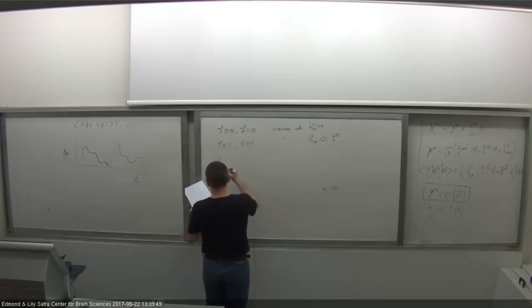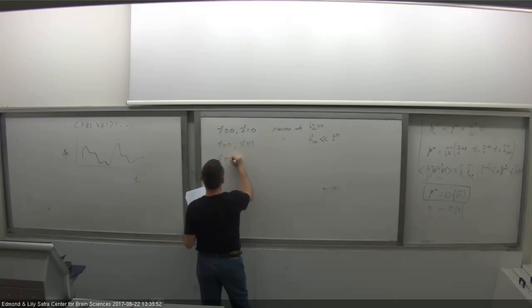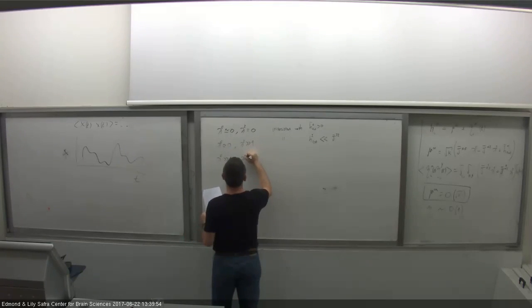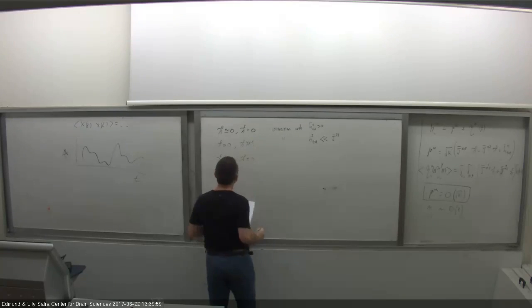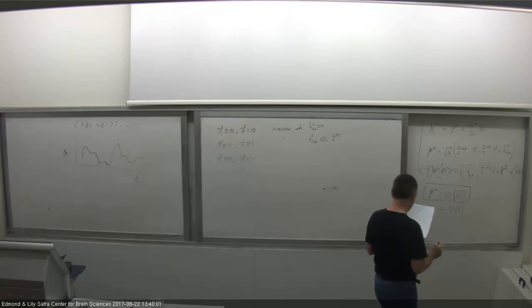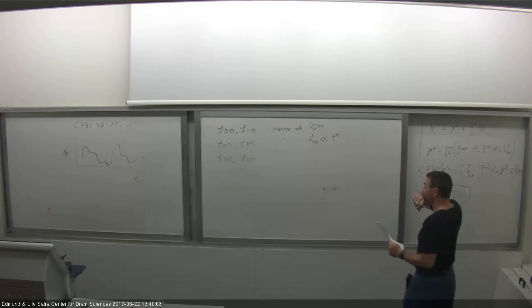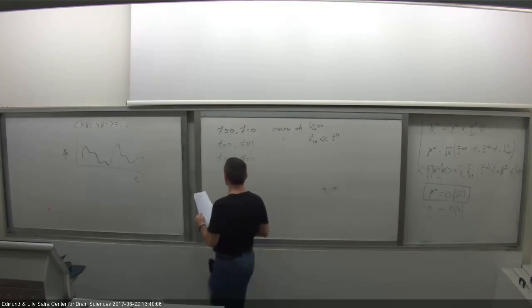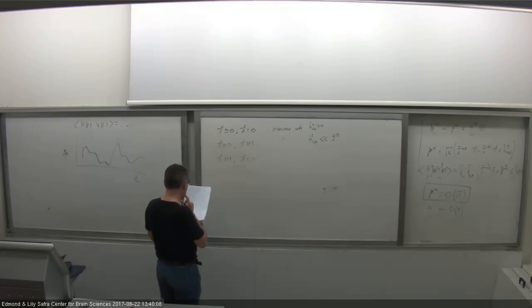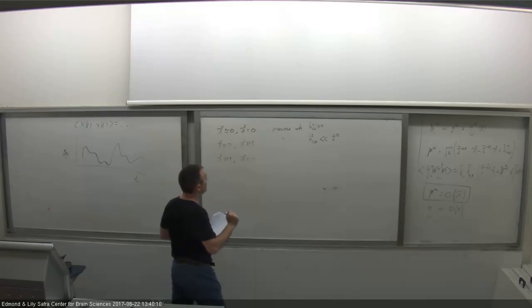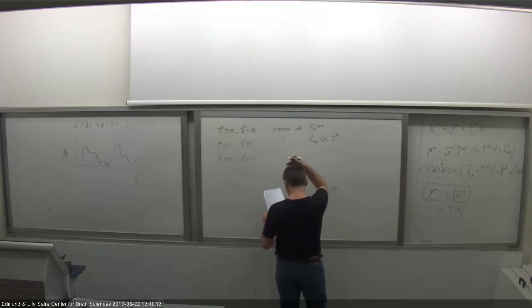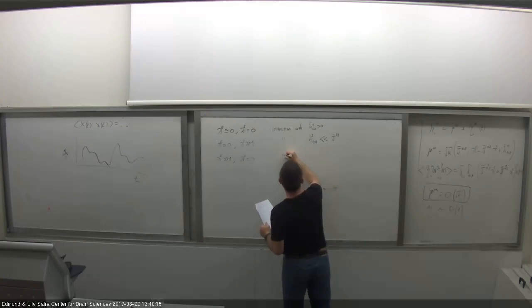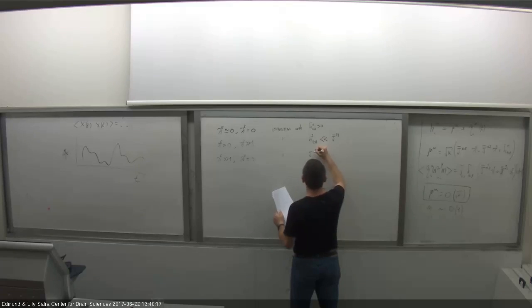Well, a third possibility is that the firing rate of the excitatory neurons is large, but that of the inhibitory neurons is very small. Well, this is inconsistent with I to E, E to I being positive.